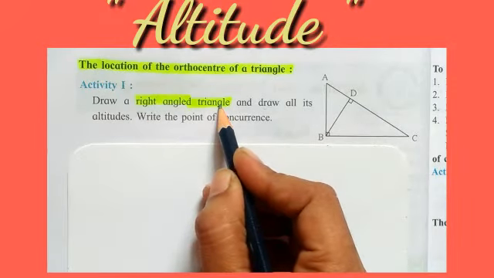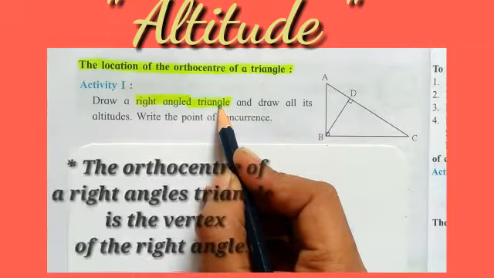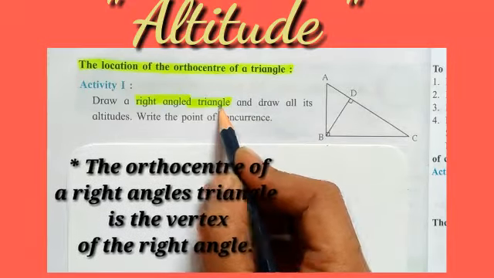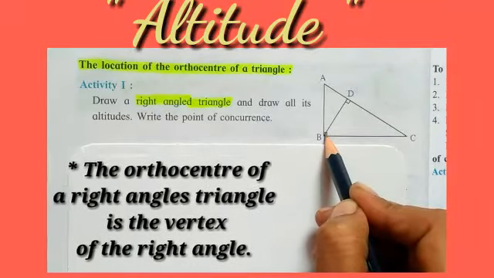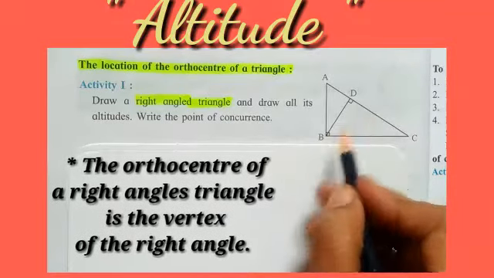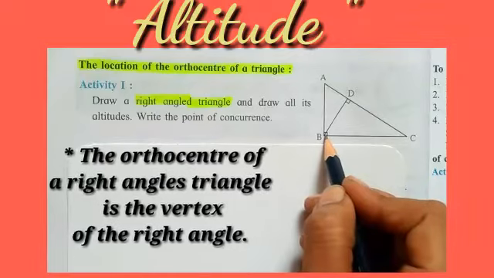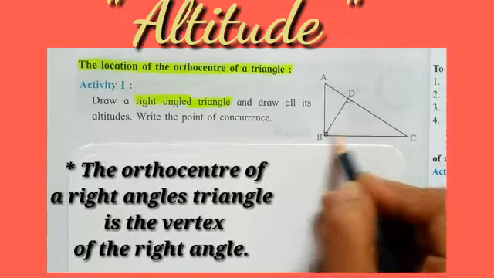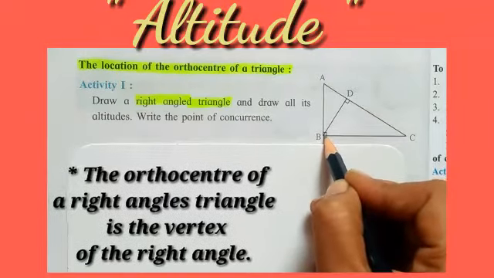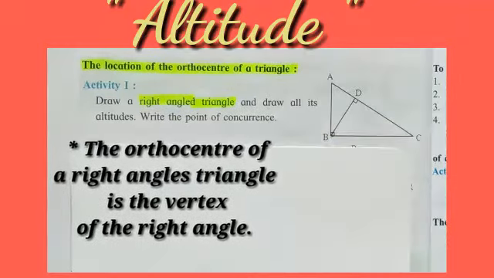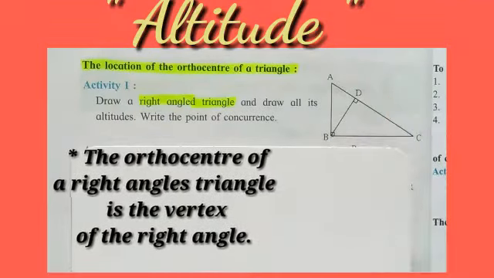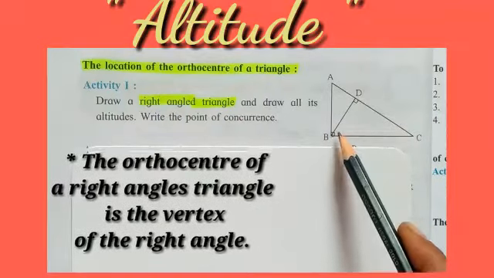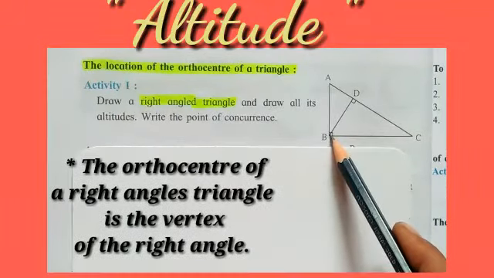If we draw the right angle triangle and draw all three altitudes, then we get that the orthocenter of the right angle triangle is at the 90° angle. So the orthocenter of the right angle triangle is the vertex of the right angle only.